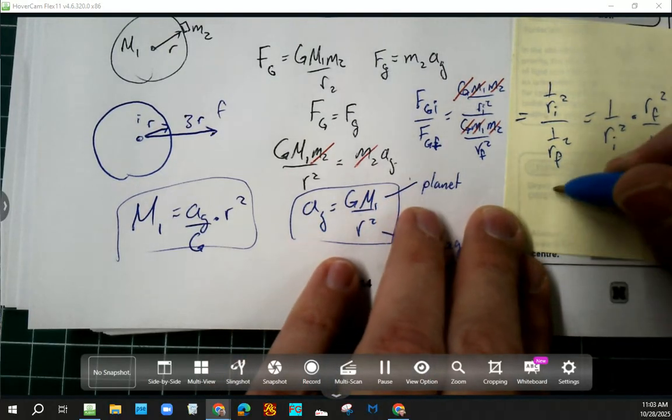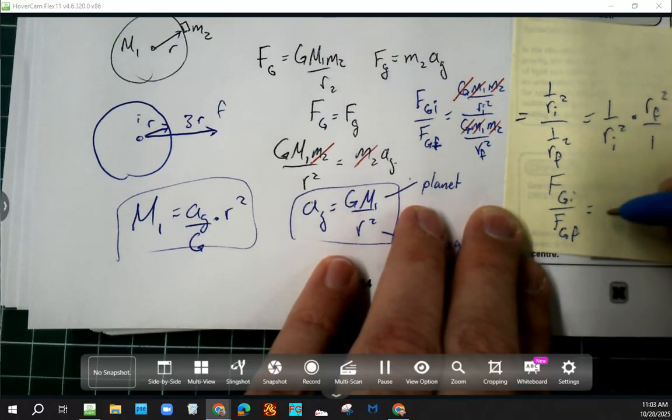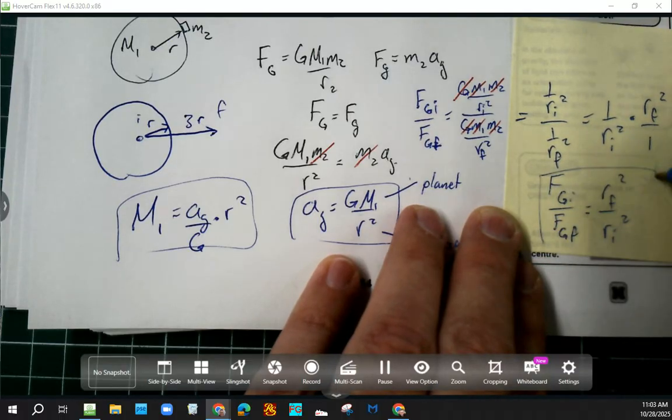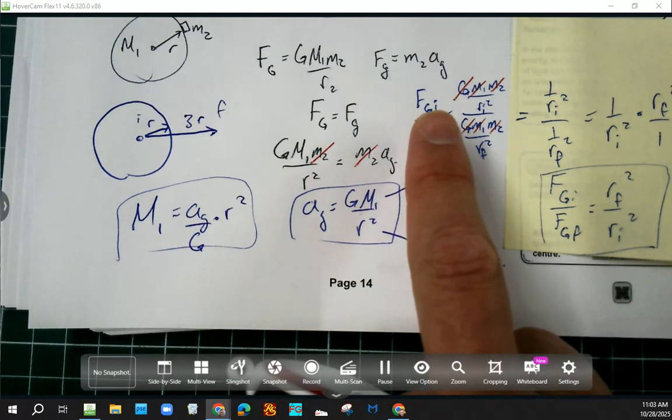In other words, the ratio of Fg initial divided by Fg final would be equal to r final squared divided by r initial squared. And so there's this nice cute little way to compare the forces between two different locations, and this would be the pattern of thinking for doing that.